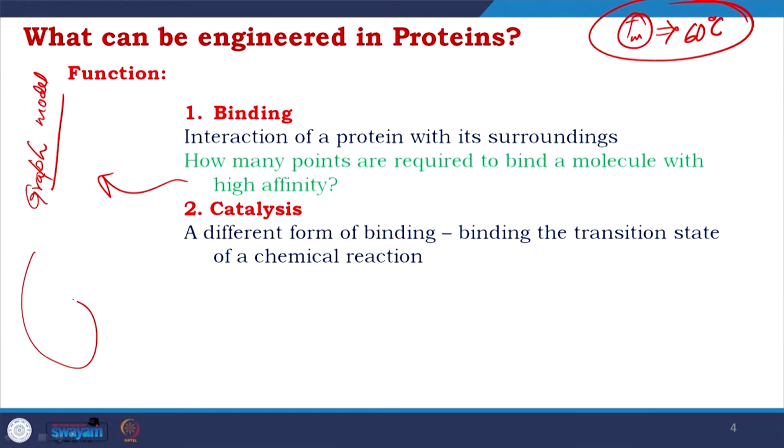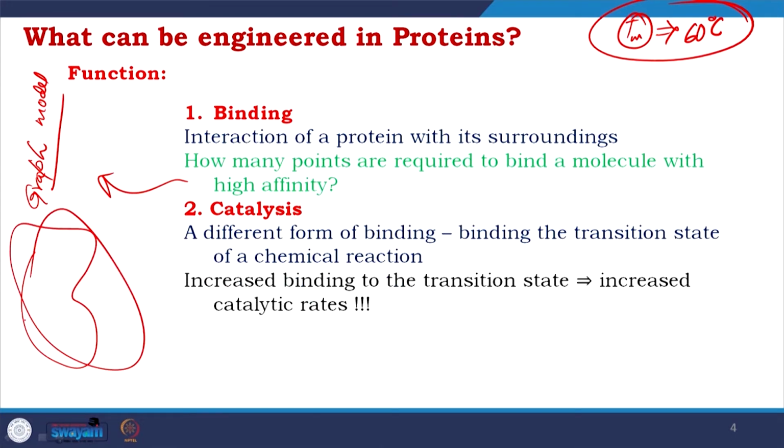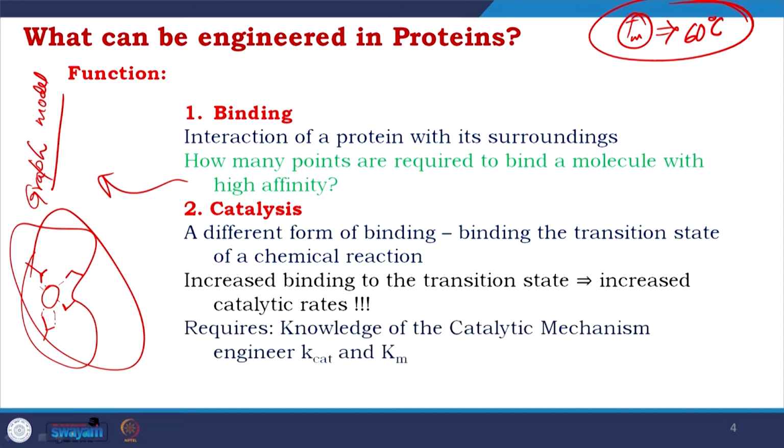What I mean is, suppose you have a protein like this, and the protein has amino acid 1, amino acid 2, amino acid 3, amino acid 4. Then there is a substrate, and the substrate makes non-covalent interactions with the protein.